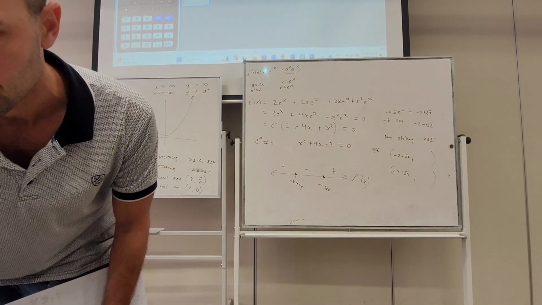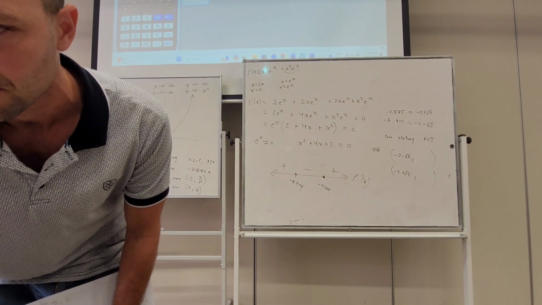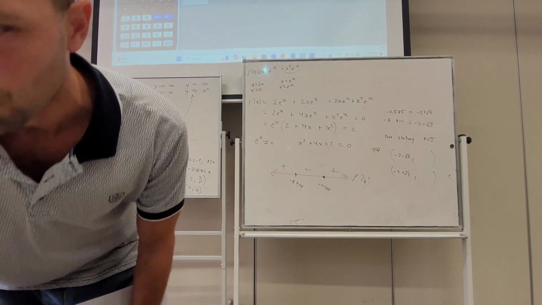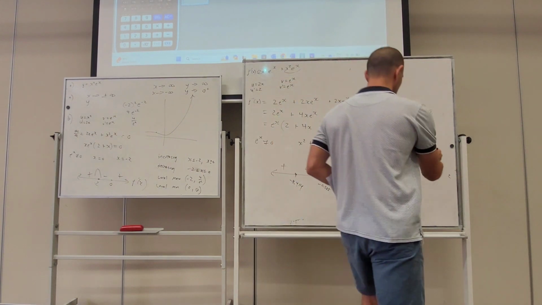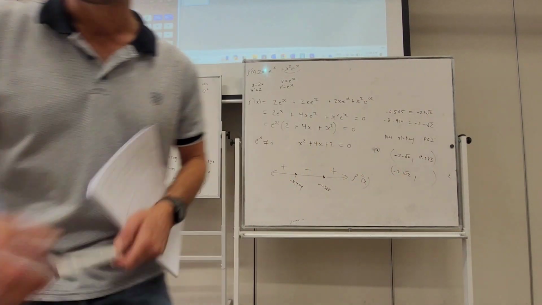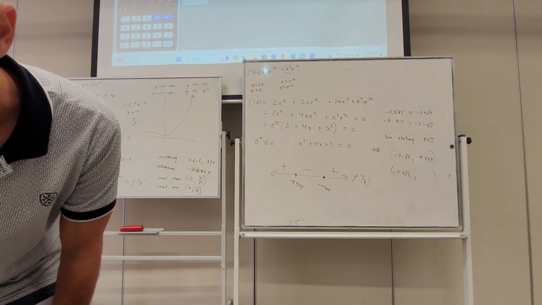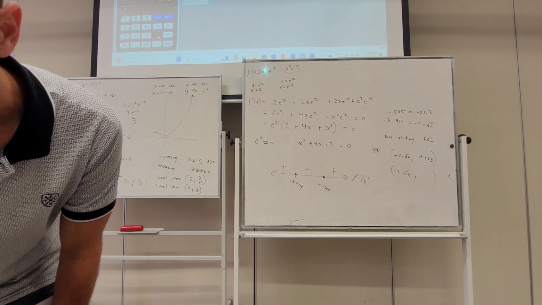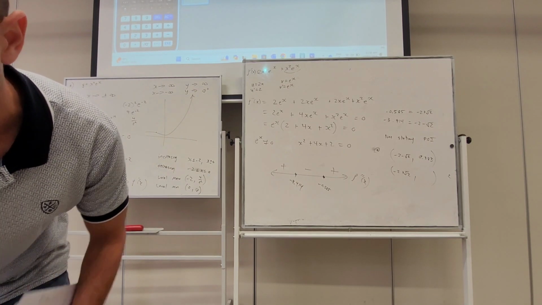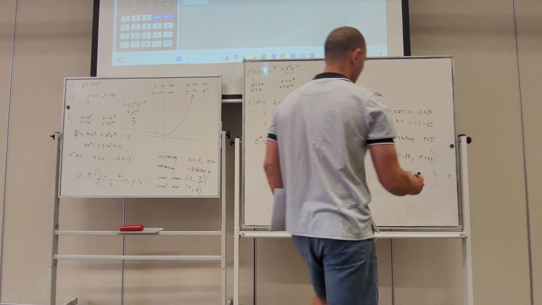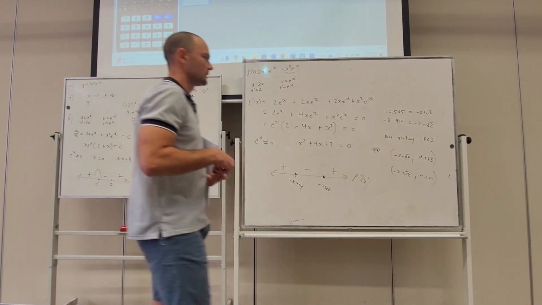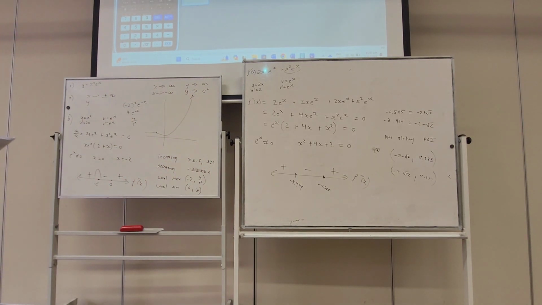I type that in and it tells me the y value is 0.383. And then minus 2 plus root 2 gives the y value 0.191. So we have non-stationary points of inflection there.